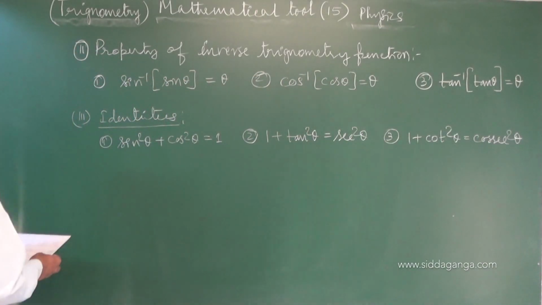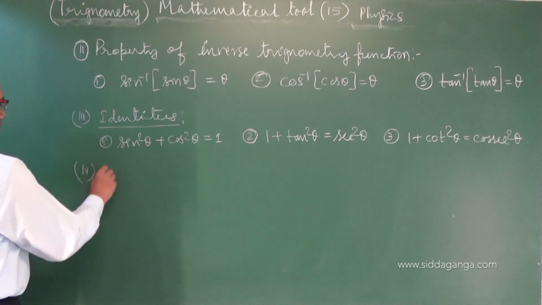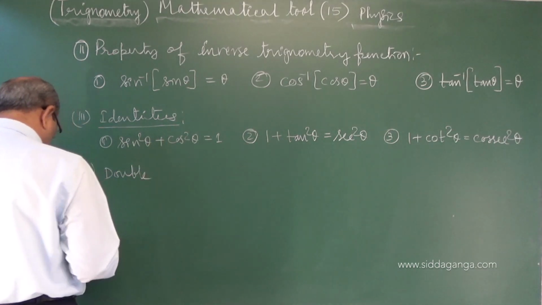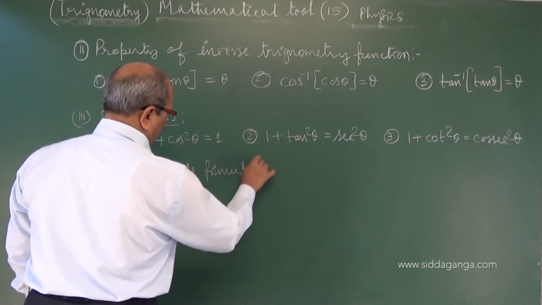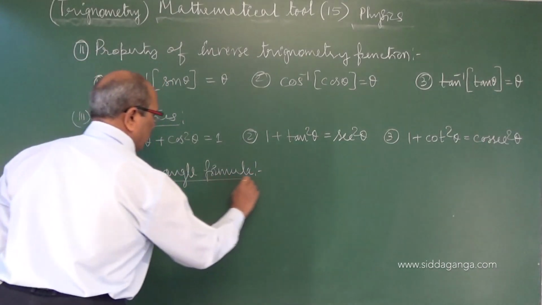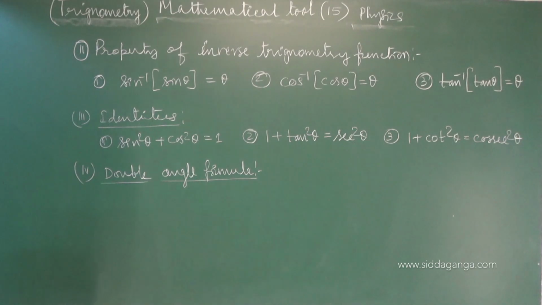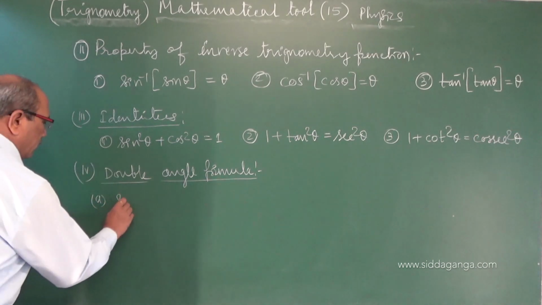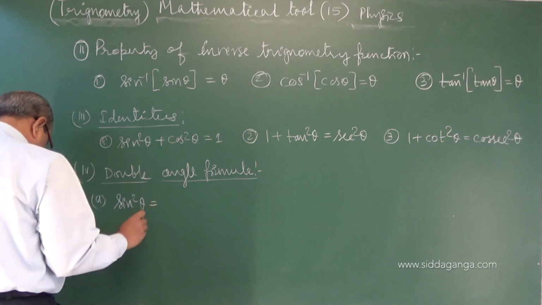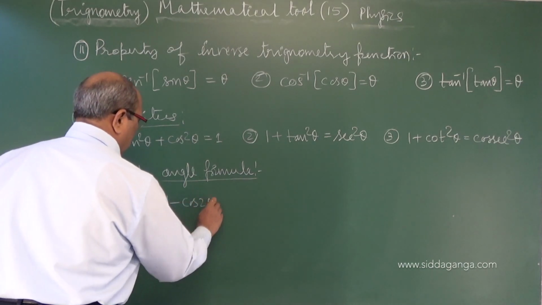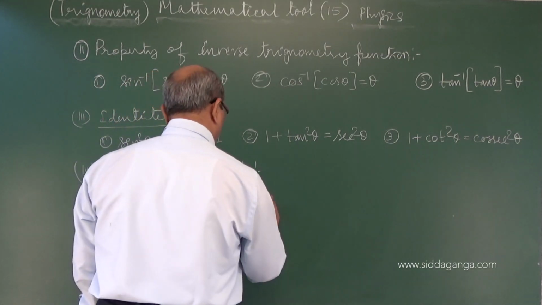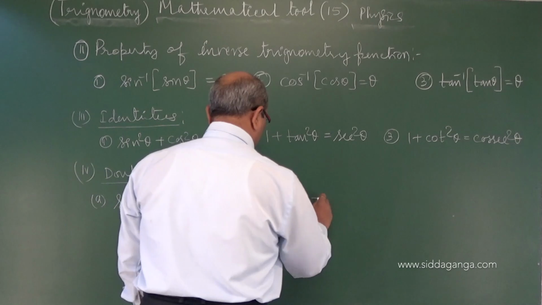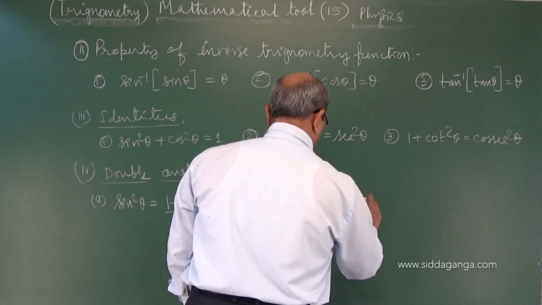Along with this, we are coming to the double angle formulae, where A: sin square theta can be written as 1 minus cos 2 theta by 2. B: cos square theta is equal to 1 plus cos 2 theta by 2.